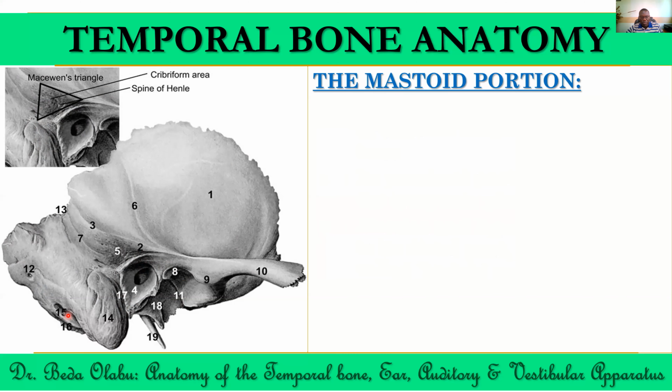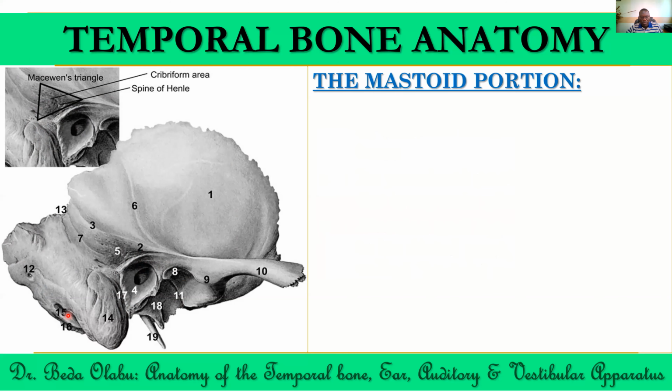The anterior surface, which is this one, is characterized by some big swelling here, marking the location of the ear actually. Also, some thin plate of bone somewhere here known as tegmen tympani, which forms the roof of the middle ear.